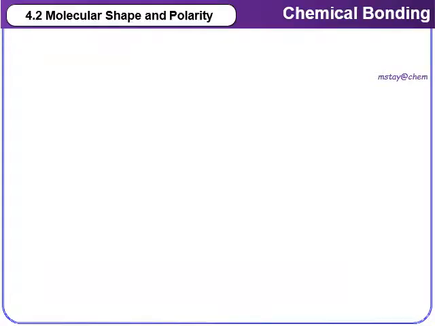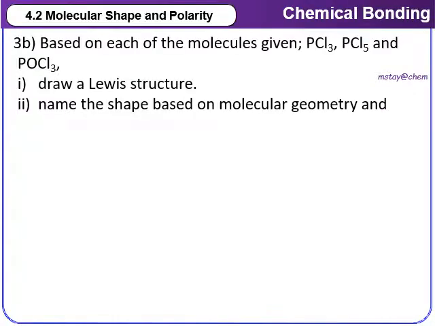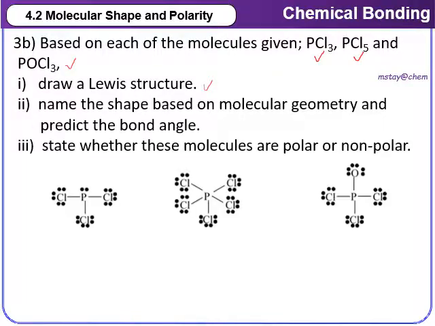Now let's continue with tutorial question number 3b. For each of the following, PCl3, PCl5, and POCl3, draw the Lewis structure. So this is the Lewis structure for PCl3, PCl5, and also POCl3.